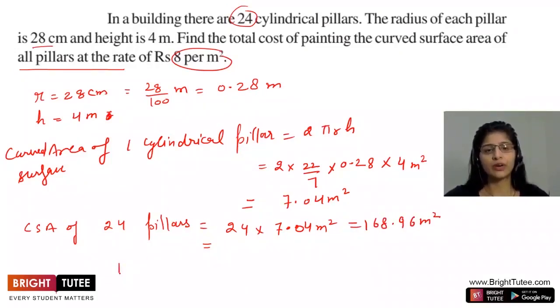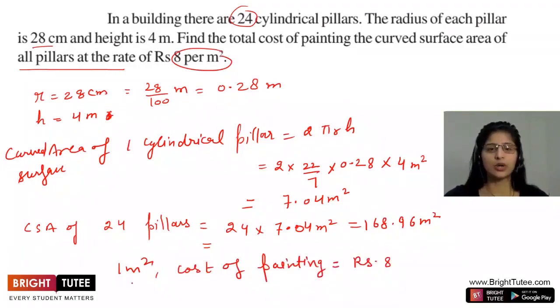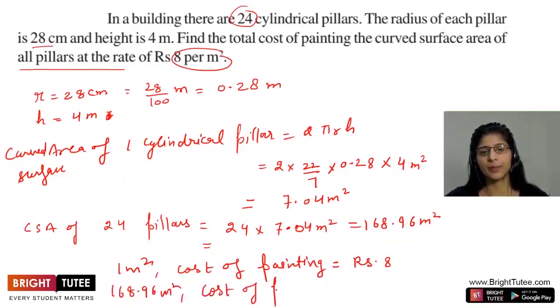Now we know for 1 square meter, the cost of painting is rupees 8. So for 168.96 square meter, the cost of painting would be rupees 8 into 168.96.